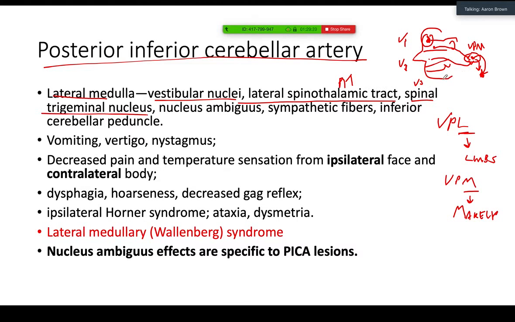V3 is the lower part of our mouth, again VPM, again to the spinal trigeminal nucleus, okay? So if we have a loss of our spinal trigeminal nucleus, we have a loss of ipsilateral, same side, sensation from the face.